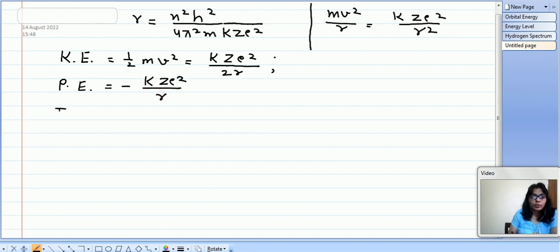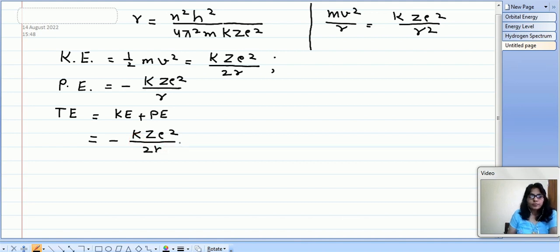So the total energy will be the sum of kinetic energy plus the potential energy, and that is minus k z e square upon 2r. This is the total energy.